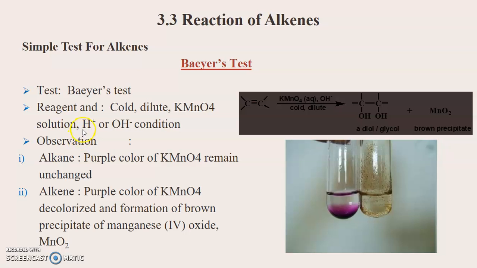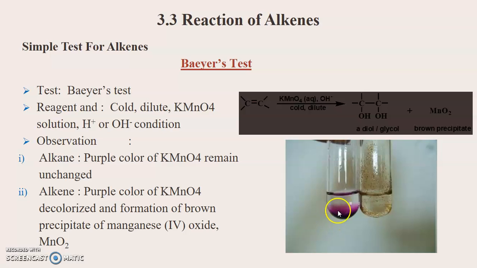The observation for this test: the purple color comes from the potassium permanganate. If the compound is an alkane, the purple color of potassium permanganate remains unchanged. But if it is an alkene, the purple color of potassium permanganate decolorizes and forms a brown precipitate of manganese oxide.